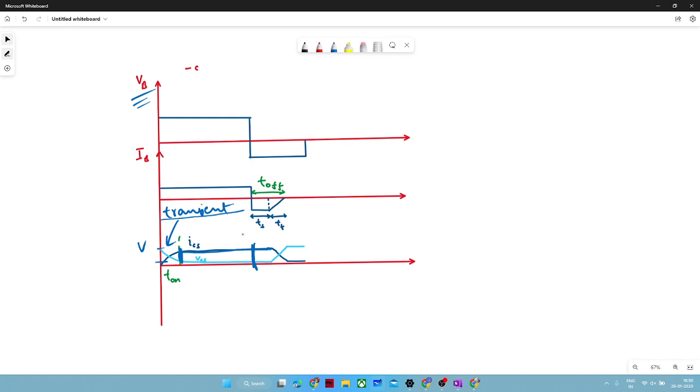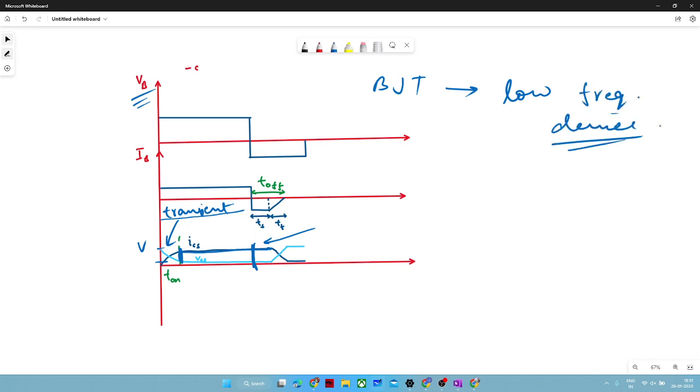However, the collector current will take some time to follow, and it takes a lot more time compared to other high frequency devices. Because we know that BJT has low frequency. It is known as a low frequency device. It means it takes a lot of time to get turned on and turned off.